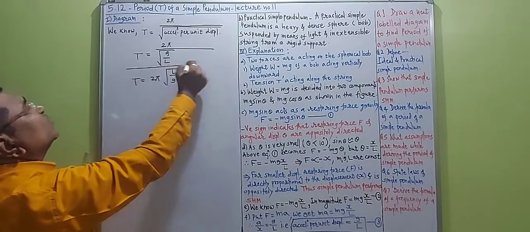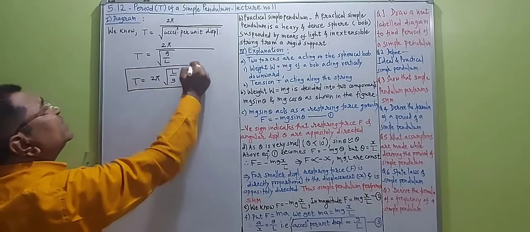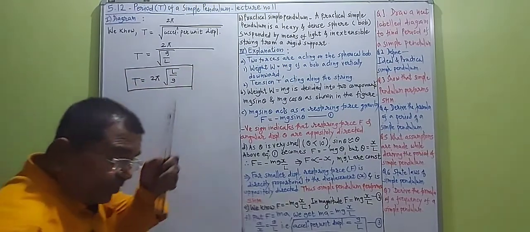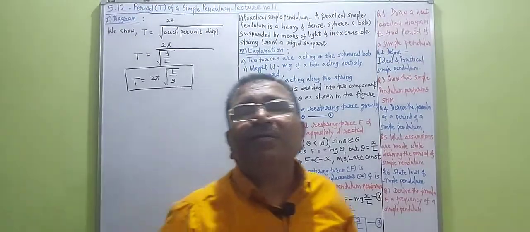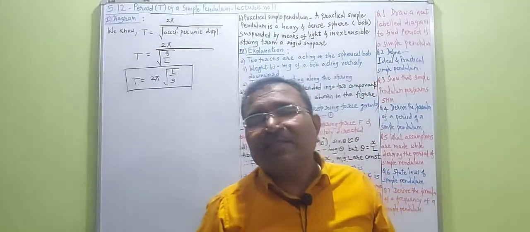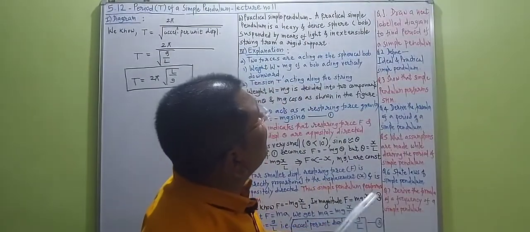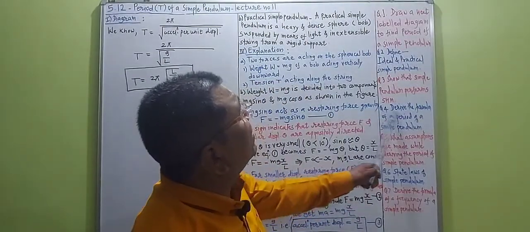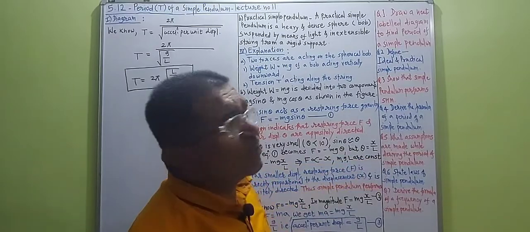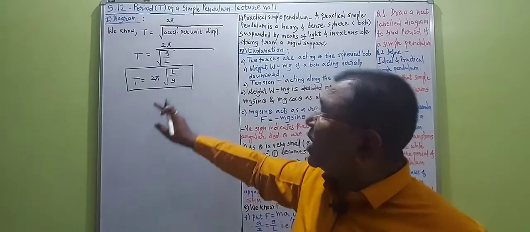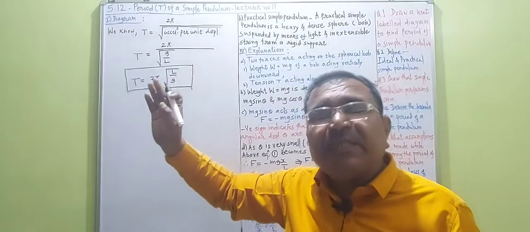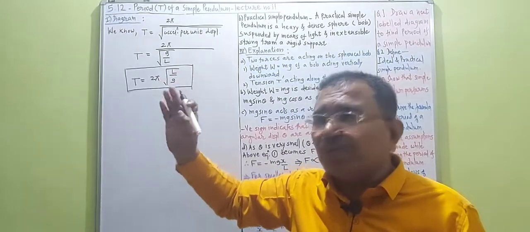This is the formula of period. So in this way, capital T is equal to 2 pi square root of L upon g. This is the formula of period, and that we want. That is our fourth question. Derive the formula of period of a simple pendulum. We will have to come up to this. Capital T is equal to 2 pi square root of L upon g.